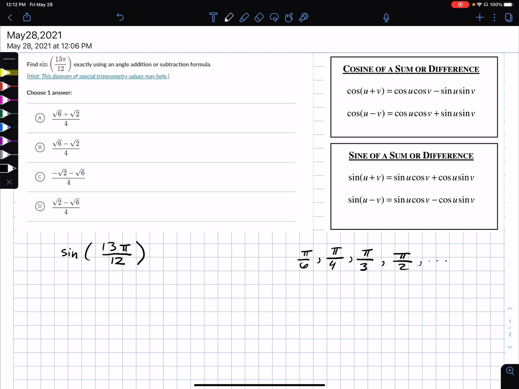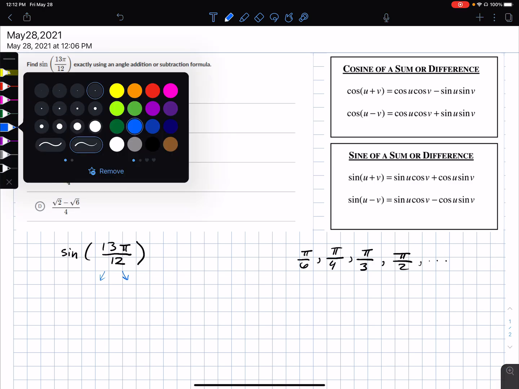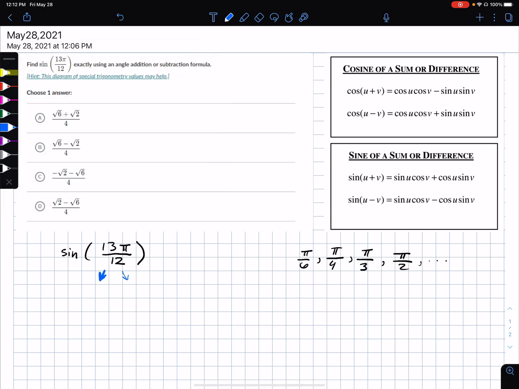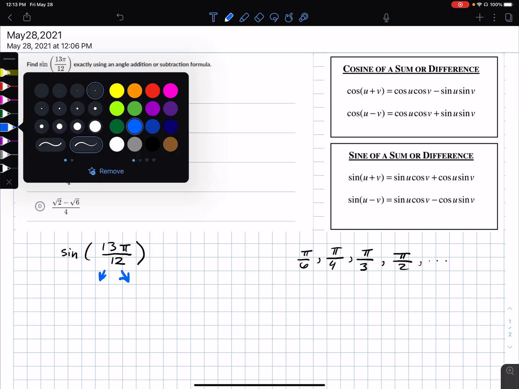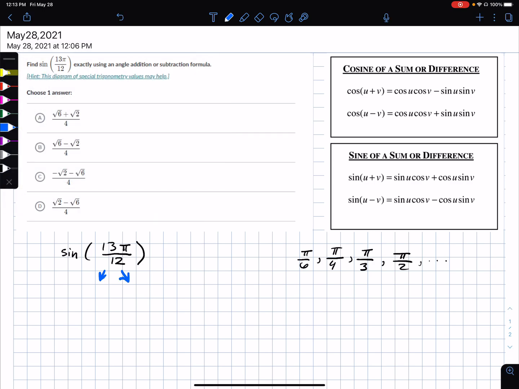This might take a little trial and error at first, but what we want to try and do is pull this apart into two different values. So I'm going to just work on the tens and the ones approach.